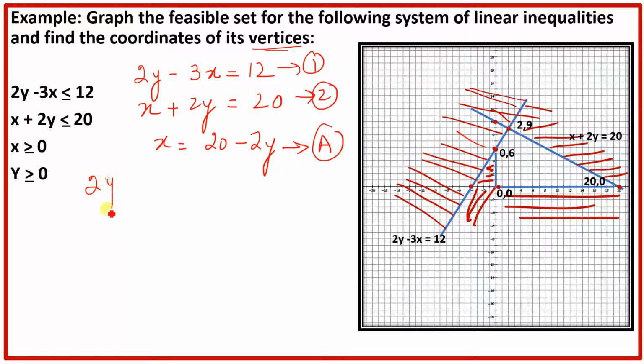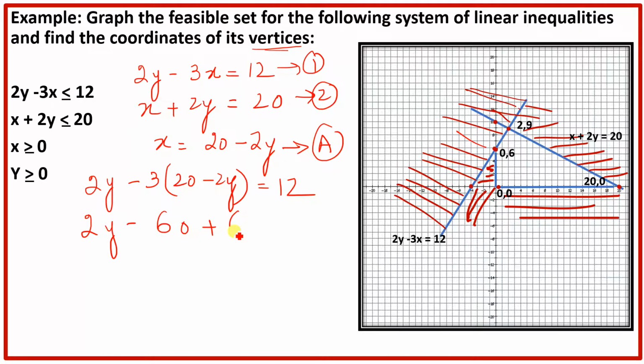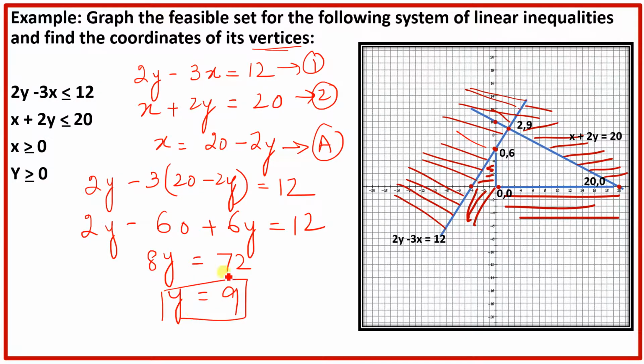So 2y minus 3 times 20 minus 2y is equal to 12. So 2y minus 60 plus 6y is equal to 12. It will be 8y is equal to 72, or y is equal to 9. Right, y is equal to 9.